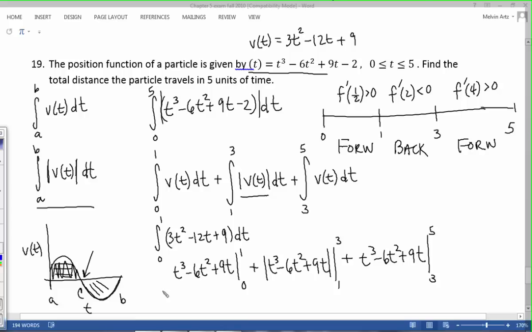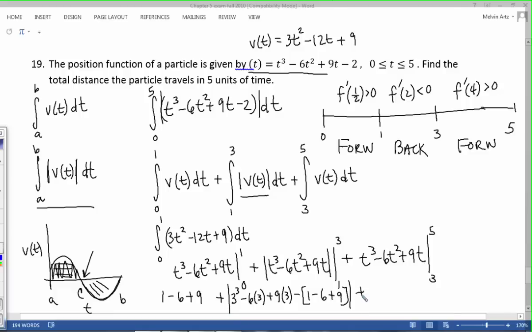So we would have 1 minus 6 plus 9, and if we plugged in 0, that would just give us 0, plus, now we're evaluating it at 3, so we would have 3 cubed minus 6 times 3 squared plus 9 times 3 minus, now we would plug in 1, so 1 cubed minus 6 times 1 plus 9 times 1, but then we're going to take the absolute value.